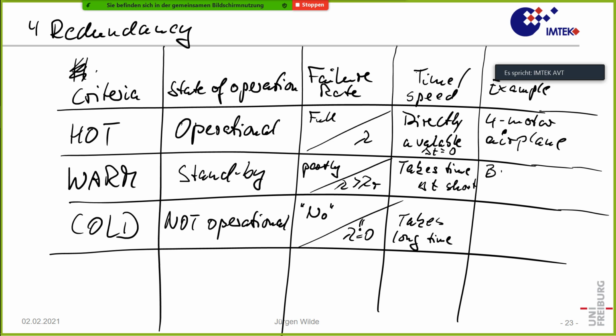Such a system can be in idle mode, for instance, and of course you must always make provisions that it has all of the relevant data, but maybe it takes some time until that backup computer system takes over control, and in that way you would have a warm redundancy.